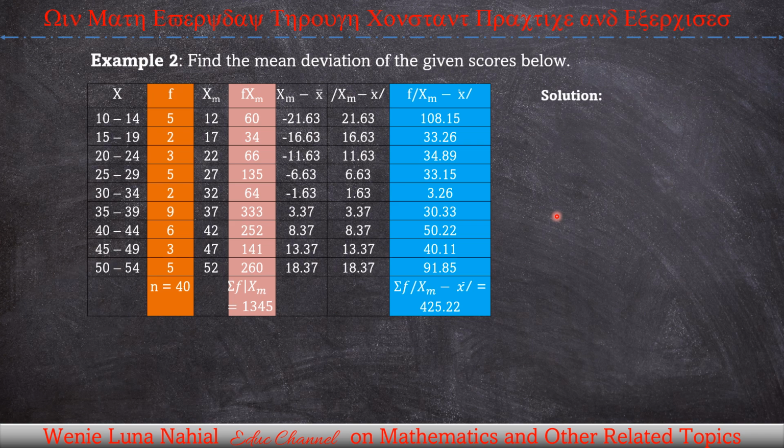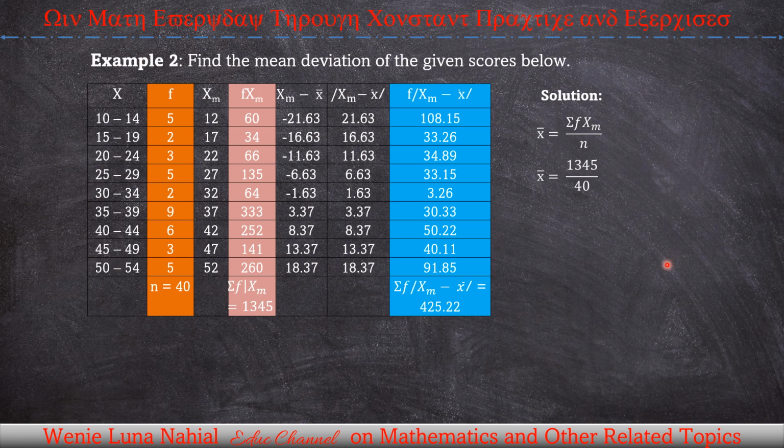So the mean is equal to the summation of frequency times class mark. So we have here 5 times 12, that is 60. Okay? So frequency times the class mark. Okay, so this is the product.